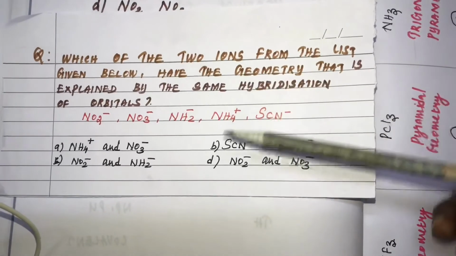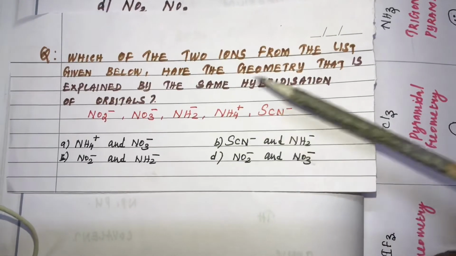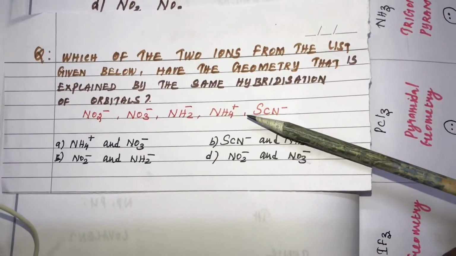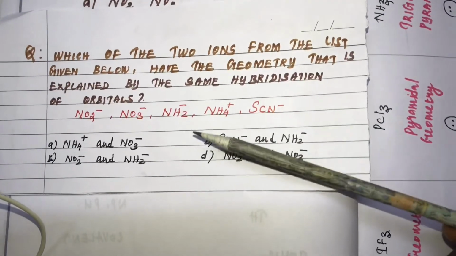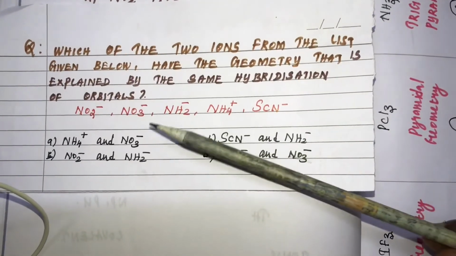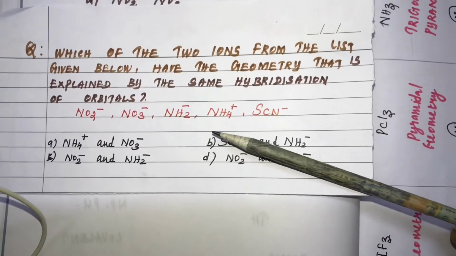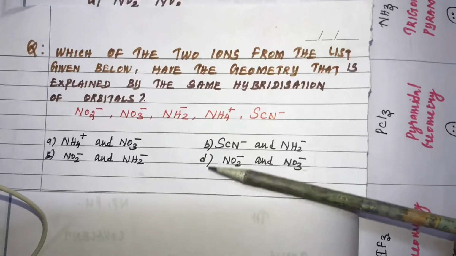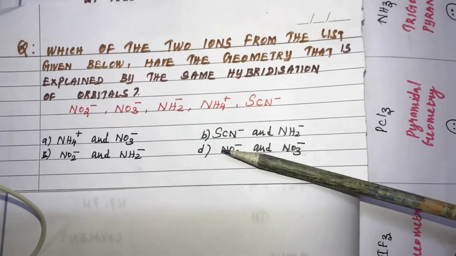There are different species given: NO2 minus, NO3 minus, NH2 minus, NH4 plus and SCN minus. First we have to find out the hybridization state of the different species given. Then we have to find out which pairs possess the same hybridization.